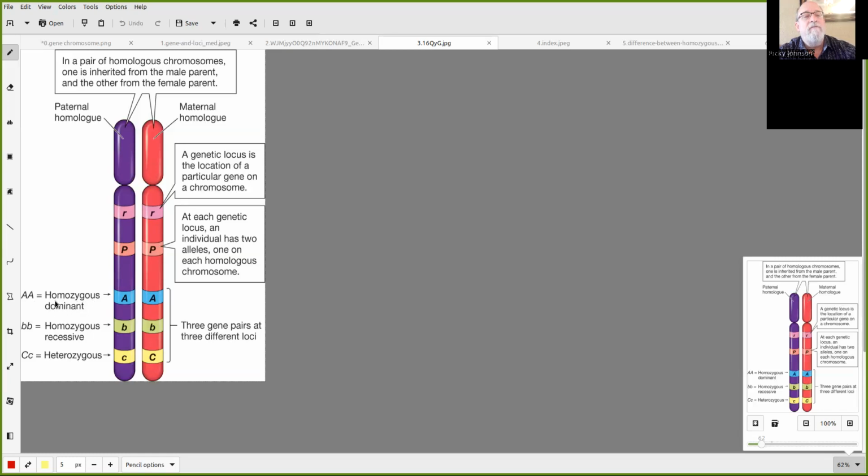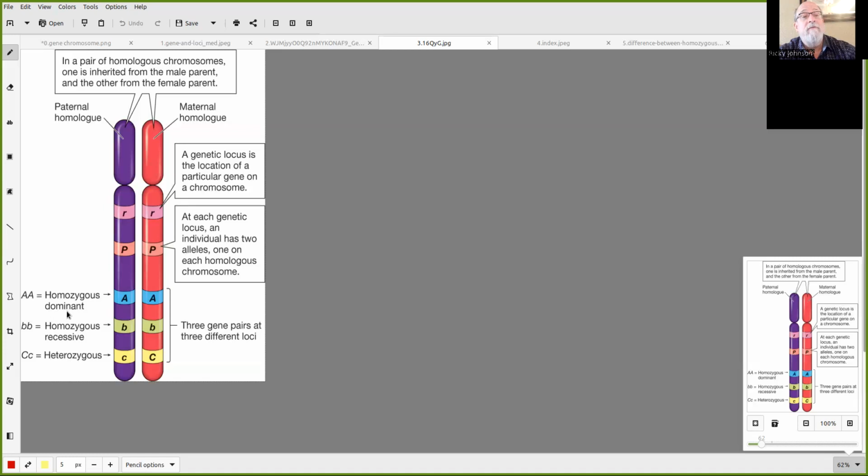So what it means is we have two of the same letters, big A, and dominant means the larger letters. So if I say homozygous dominant, you don't necessarily know the letter, but you know that they're the same letter, that's homozygous, and dominant means they're capitals.